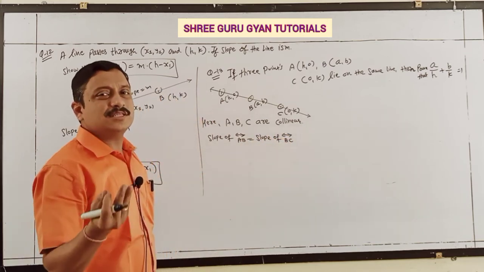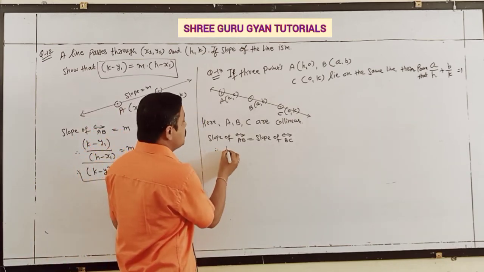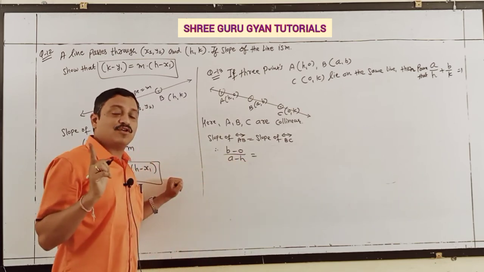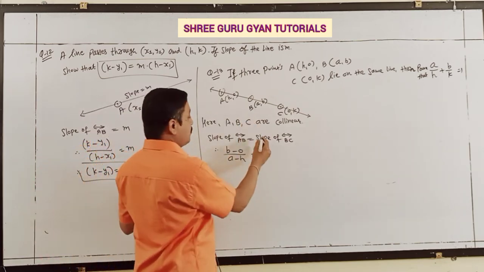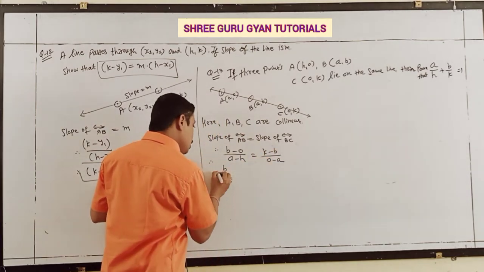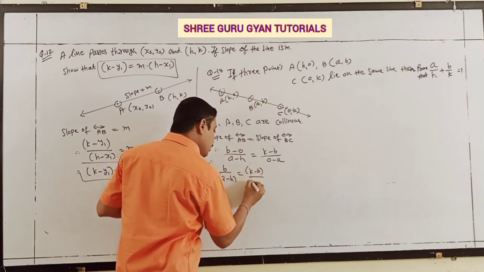Using y2 minus y1 by x2 minus x1, we get b minus 0 by a minus h, the same as k minus b upon 0 minus a. So b upon a minus h equals k minus b upon minus a.